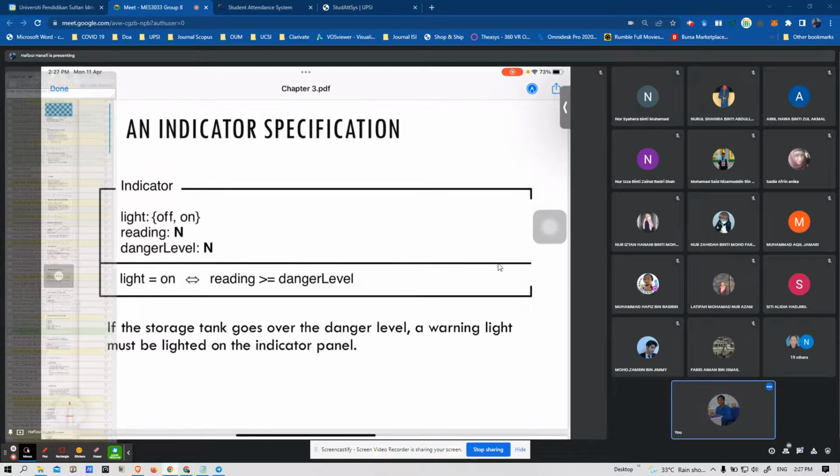Okay, this one is the declaration. And then we have a predicate. Here is the declaration.